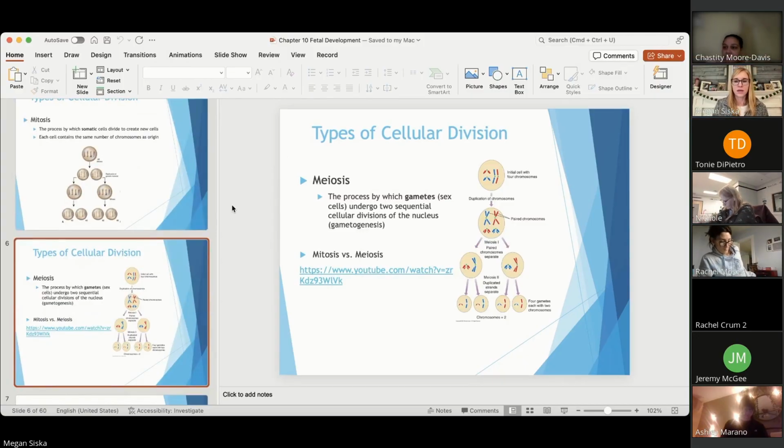Now, our gametes or sex cells use a process called meiosis. Meiosis is a little confusing. It's actually a lot confusing, because it's not as simple as it divides and now we have two more cells. The process of meiosis is multiple steps at different times during the development of a human.